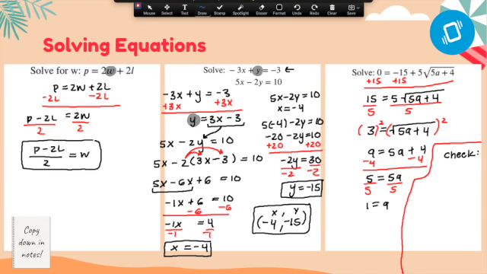So to check this, we have 0 equaling negative 15 plus 5 square root of 5, and I'm going to plug the 1 into there, 1 plus 4. So from here, I get negative 15, 5 times 1 turns into 5 plus 4.